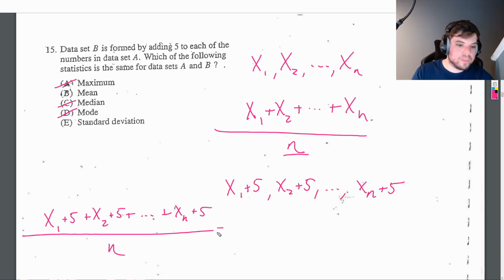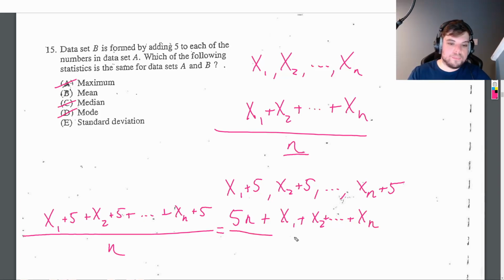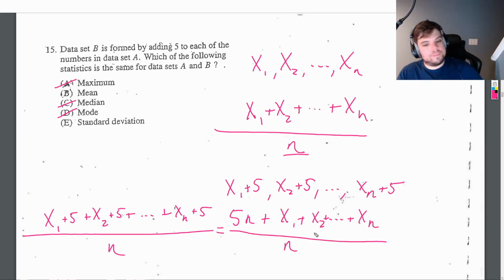All of these are going to have 5 added to them. So our final equation here is going to be x1 plus 5 plus x2 plus 5 plus xn plus 5 over n, which is, so there are a lot of 5s here. How many 5s are there? N 5s. So it's 5n plus x1 plus x2 blah blah blah plus xn over n. So this is our new mean.